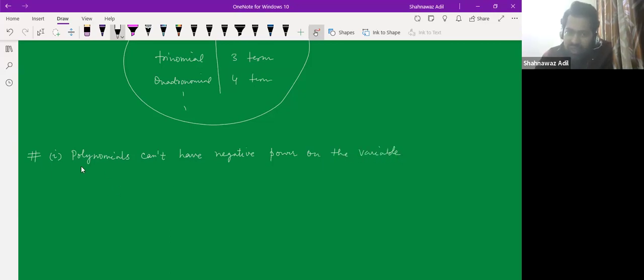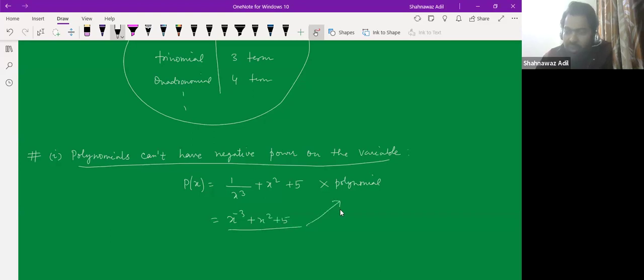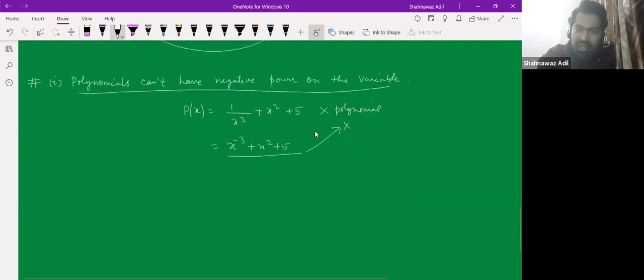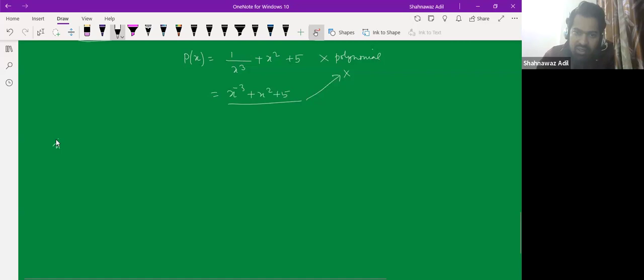So if we get some terms like this, let's say 1 by x cubed plus x squared plus 5, this is not a polynomial, because the power of x is negative.